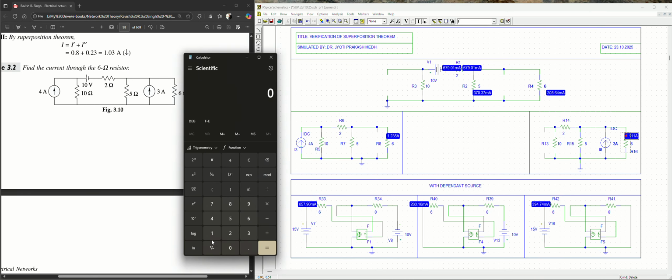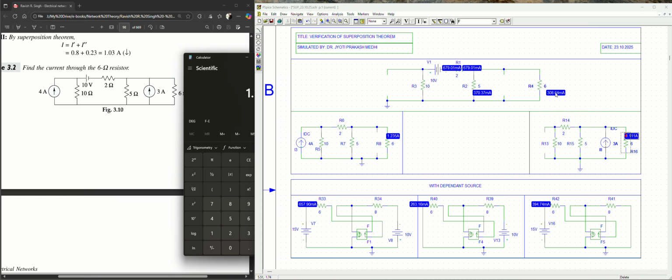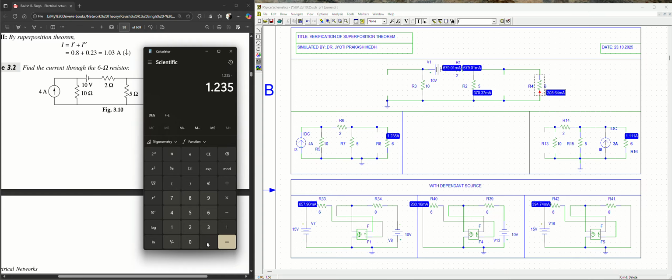Now the current is in the downward direction, so 1.235, then minus, as this is in the opposite direction as we have seen, 0.30864, then this is in the downward direction, so the value is 1.111. So the answer is 2.037, which was our actual answer, right?